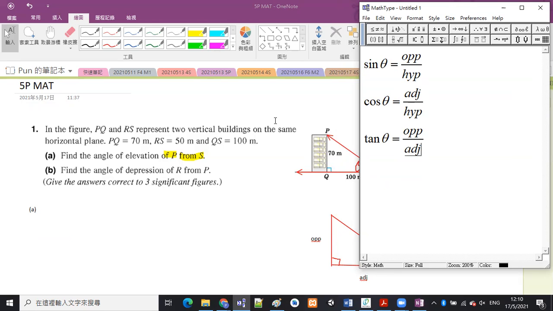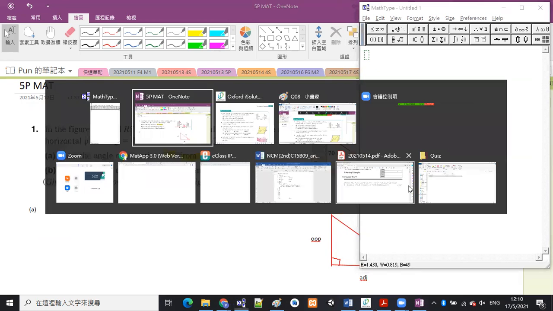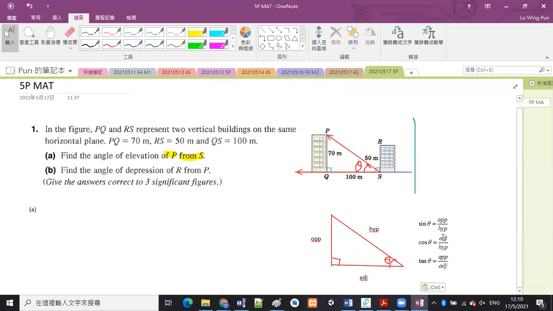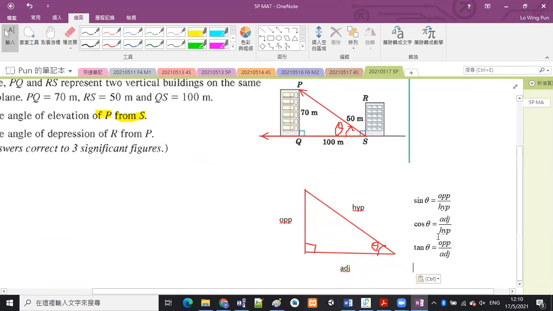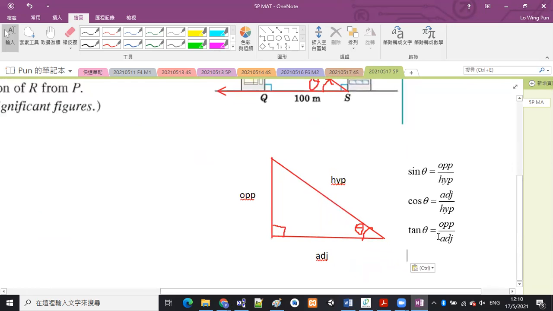Can you write this down? Normally we use one of these three equations to set up an equation to find the unknowns. It's okay now?